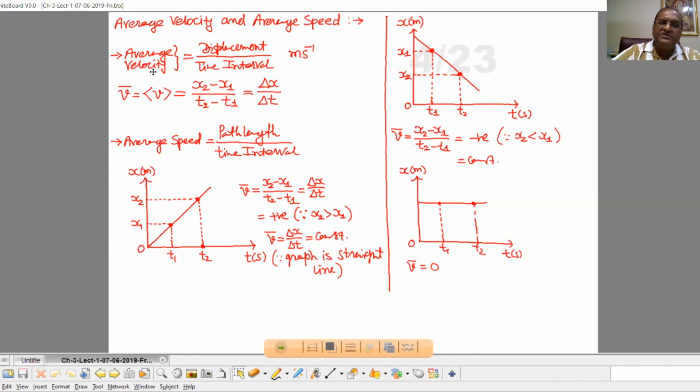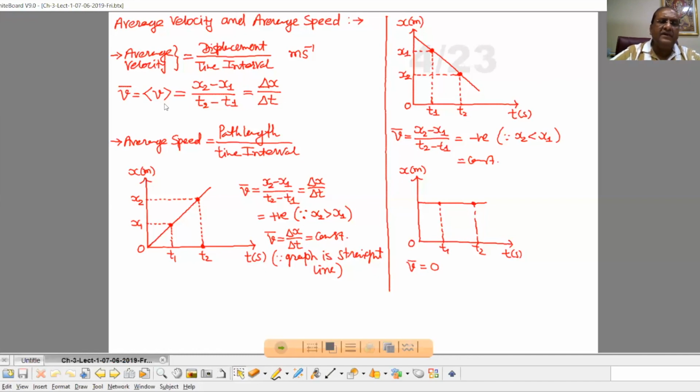Now the definition of average velocity, that is displacement upon time interval. Its unit is meter per second. So symbolically, average velocity is represented by the symbol V with a bar on it or this type of triangular bracket.